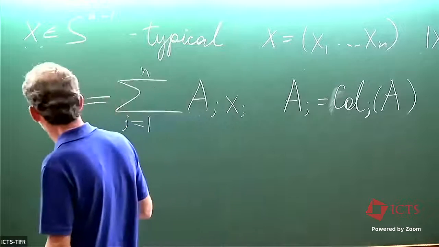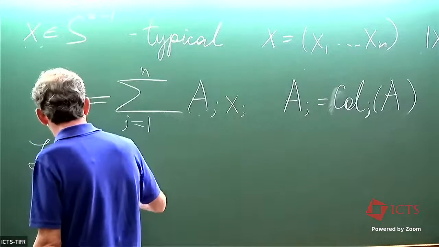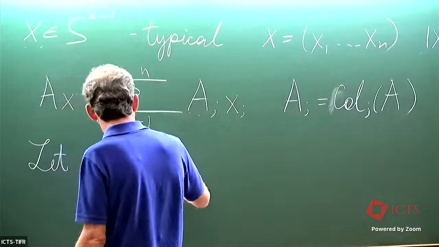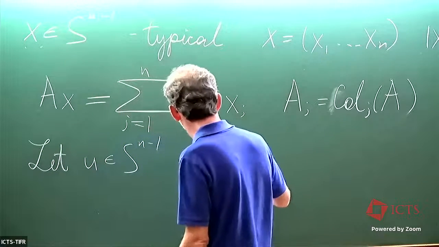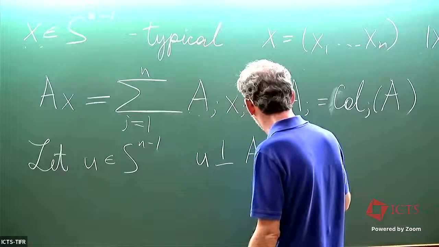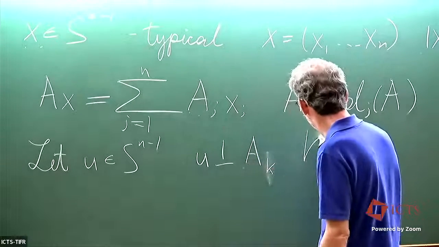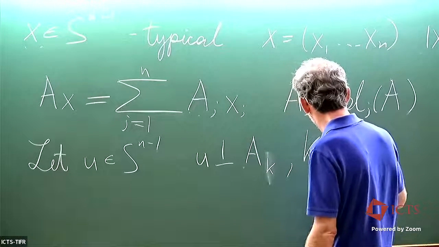To do it, I'll take a unit vector u_j such that it is orthogonal to all columns A_k, where k is different from j.